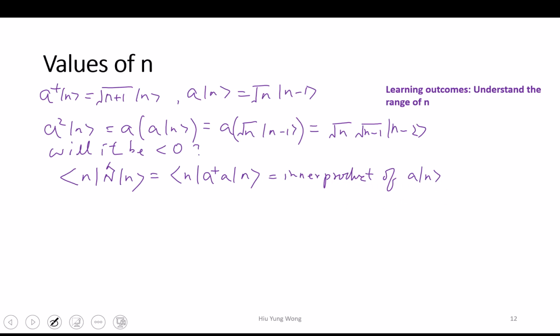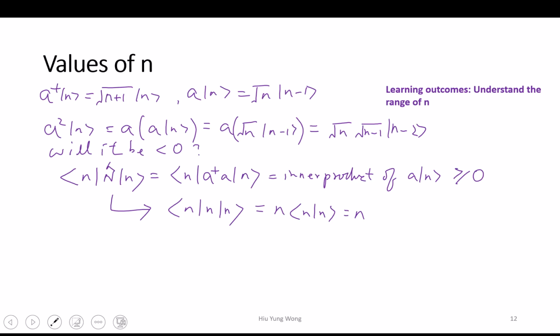The inner product of any vector must be larger than or equal to 0. It must be positive. But at the same time, what is this? This is equal to n. Very confusing. Because this operates on n, then you get small n, the eigenvalue. This is just saying that I have a state that has n photons.